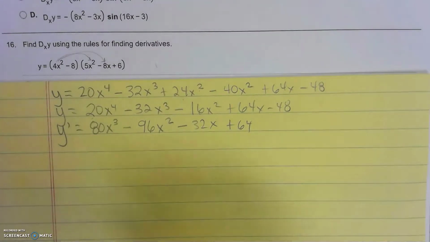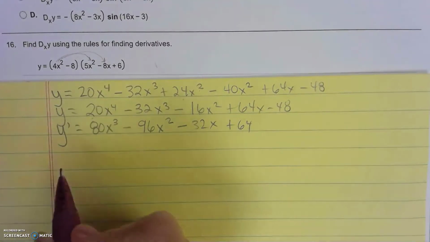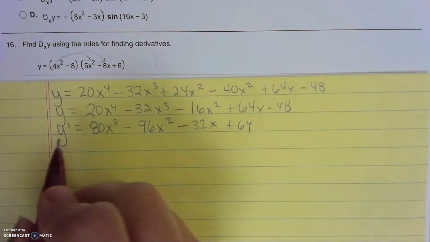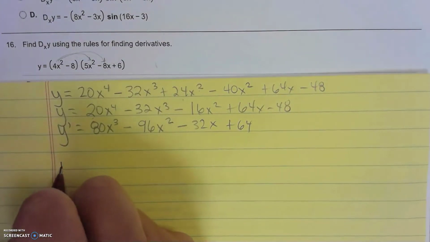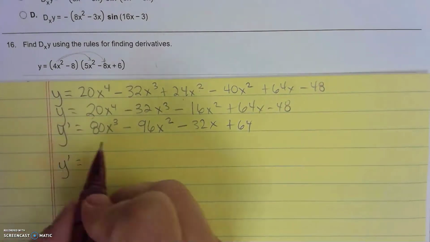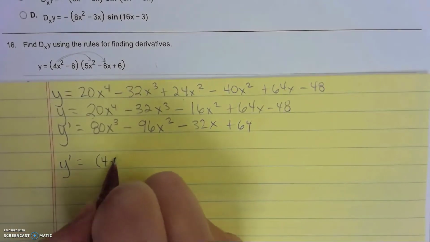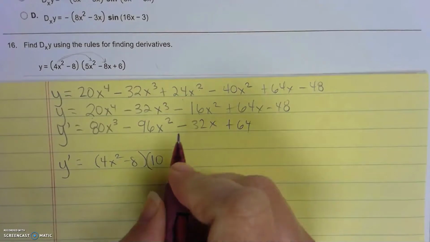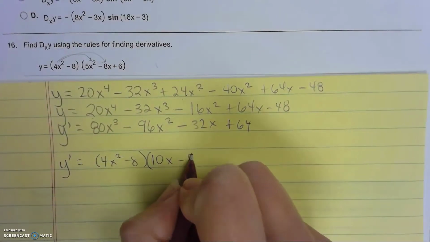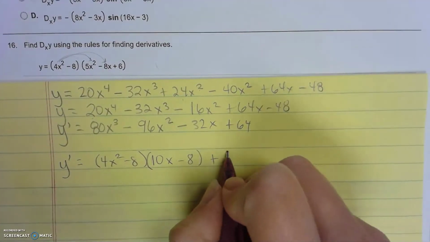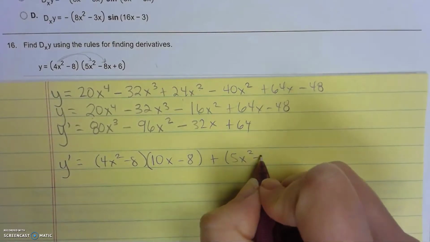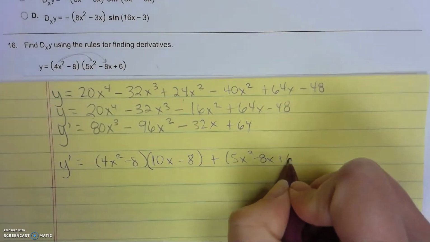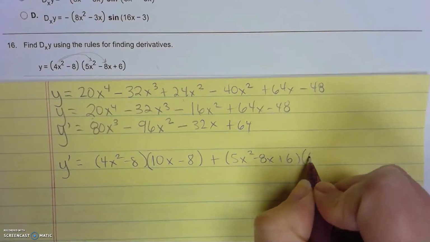If you wanted to work this out using the product rule, you should get the same answer. So if I'm going to use the product rule, it's going to be first times the derivative of the second, so that would be 10x minus 8, plus the second times the derivative of the first.